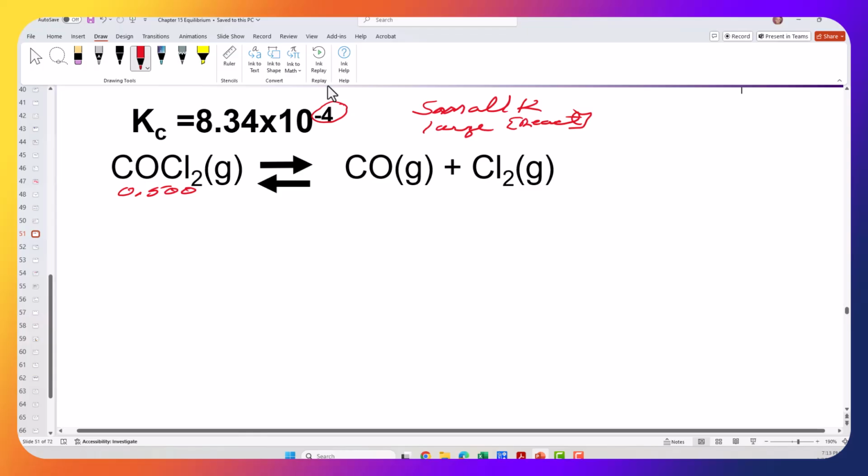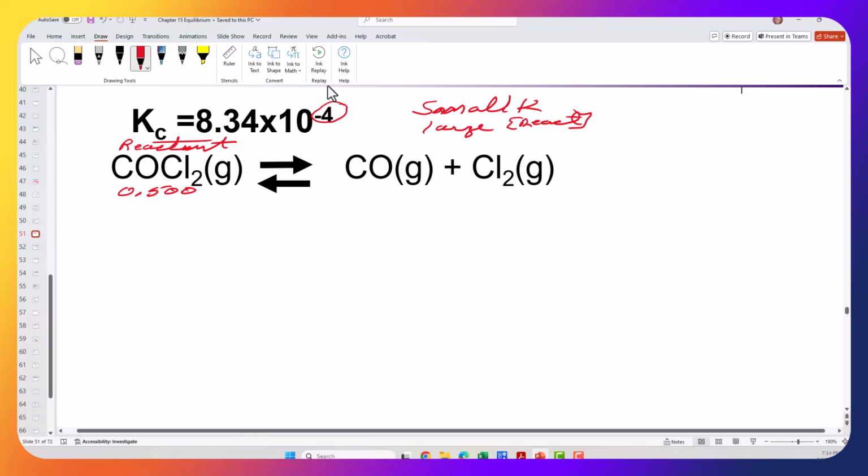Now, if you remember, small equilibrium constants, much less than 1, are reactant favored. So at equilibrium, this problem is going to be mostly reactant. I'm going to have some products, but not a lot of products at equilibrium, all right?